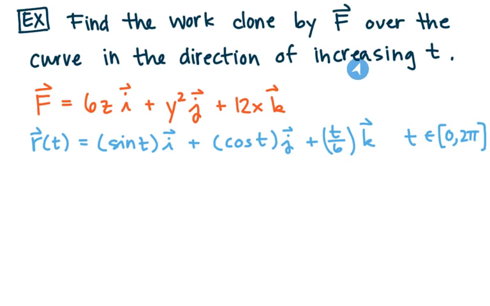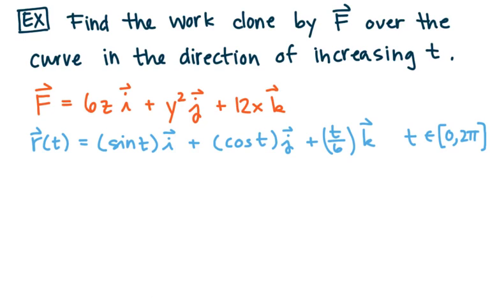This idea of increasing is really important as we build towards Green's theorem, because we're always going to be evaluating these integrals over a direction. So our force here is defined as 6z i plus y squared j plus 12x k.